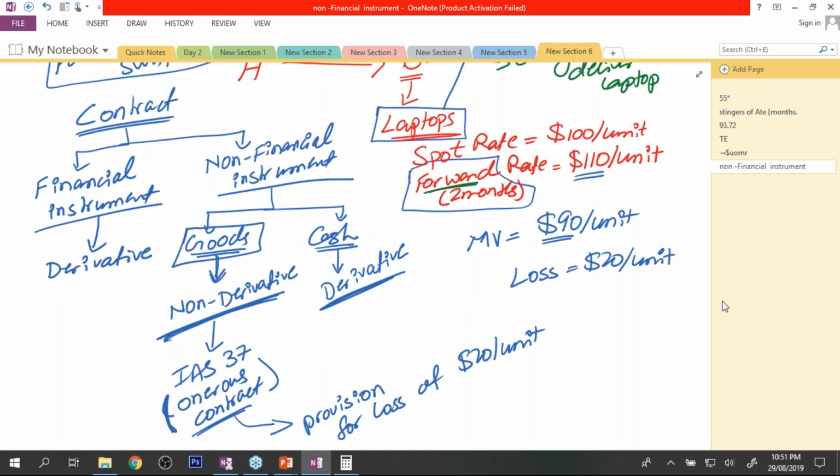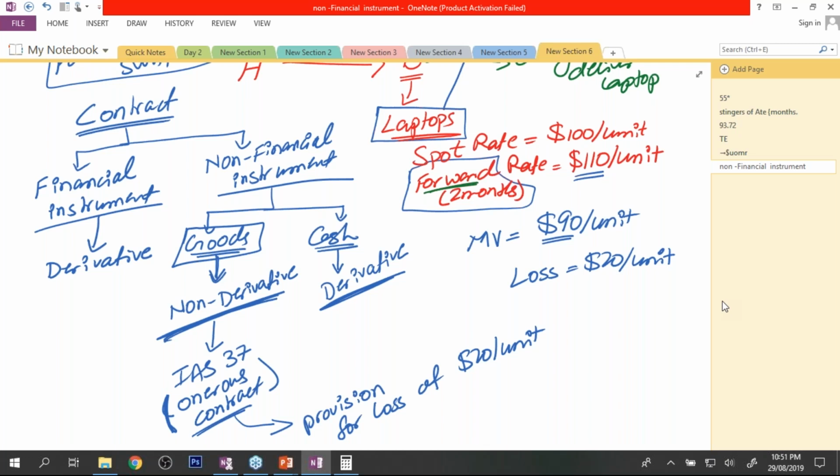So in case of forward contract, future contract, options and swaps, we actually need to check whether the contract is a financial instrument or not. If it's a financial instrument, it's a derivative. If it's a non-financial instrument, then we need to check whether it can be settled in cash or not.